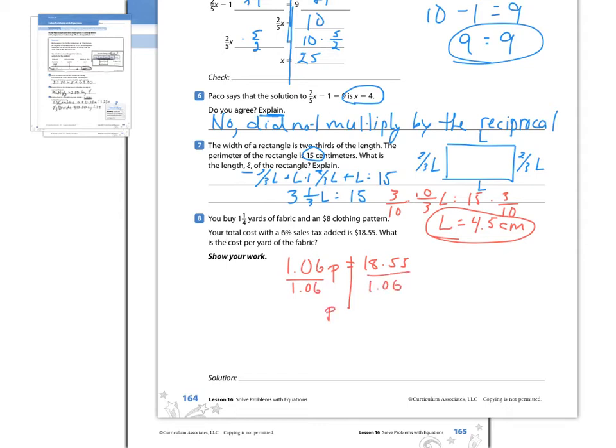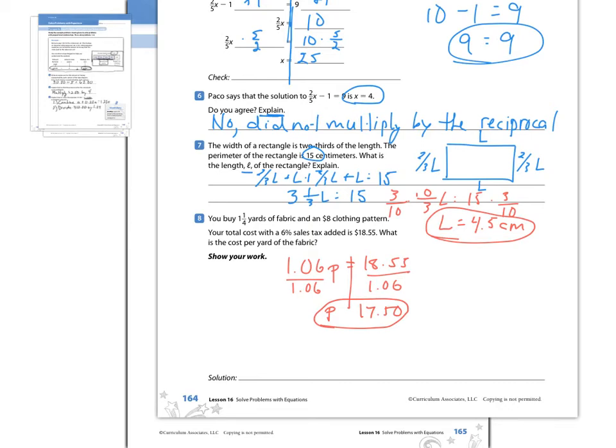Which would leave the price of that fabric to equal $17.50. So before tax, the price of the fabric was $17.50. What we know then is the 1 1/4 yards of fabric.